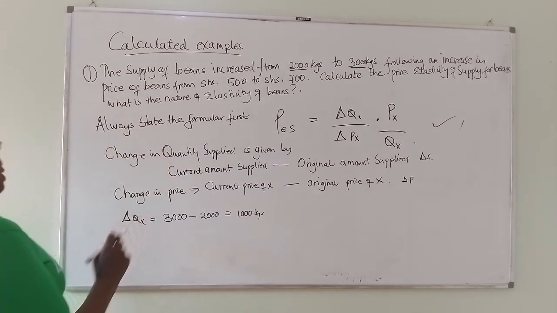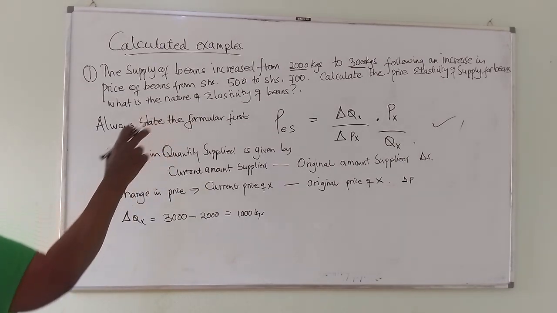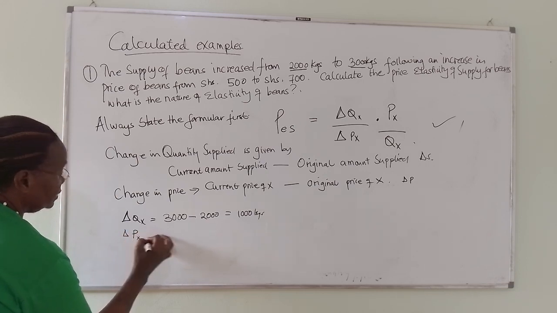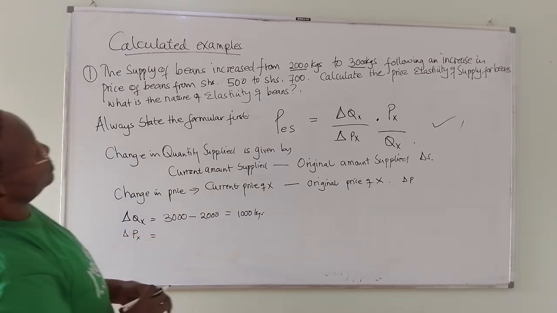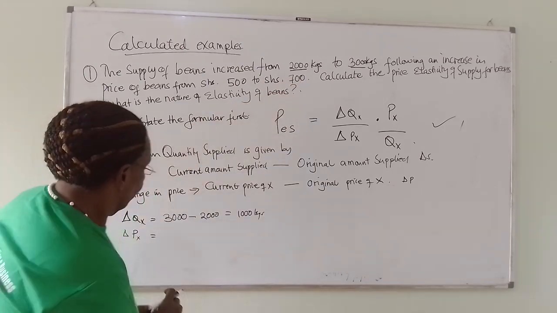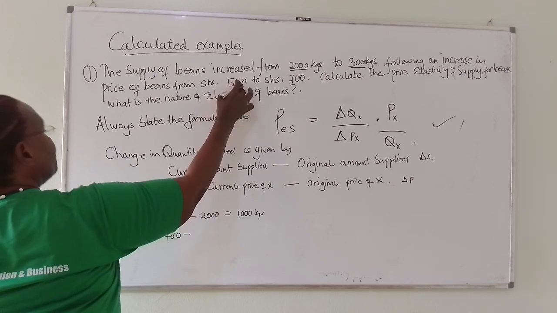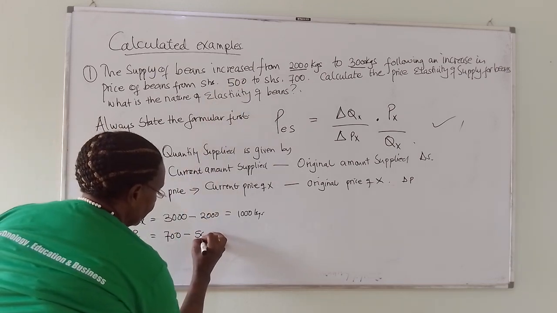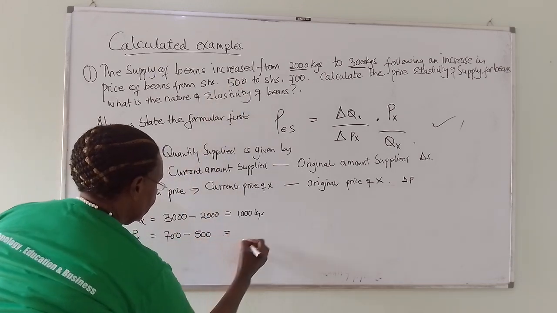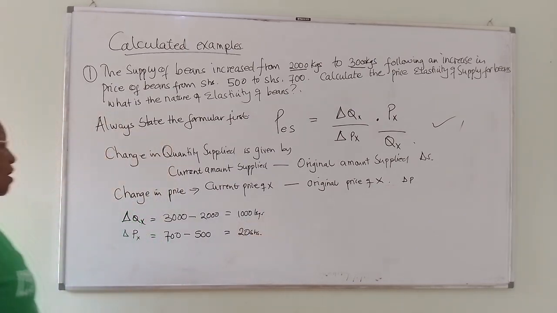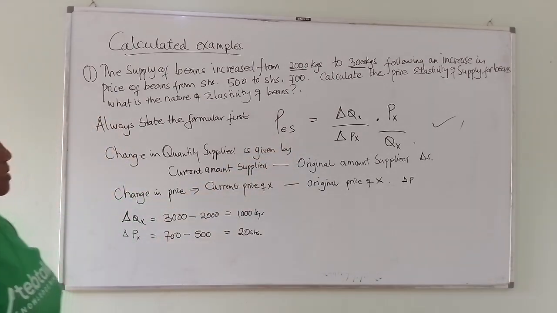So now I've been able to get the change in quantity. We shall be substituting it into our formula. But we have also to get the change in price of X, which is given by the current price. What is the current price? It is 700 shillings, and previously the price was 500, and the introduced change is 200 shillings.